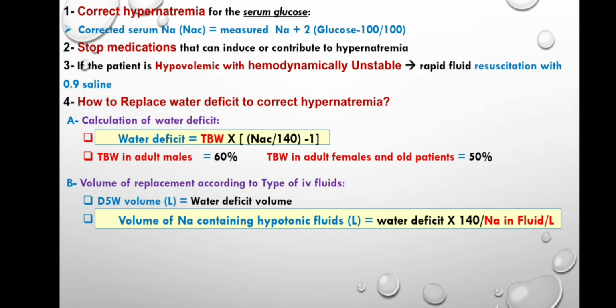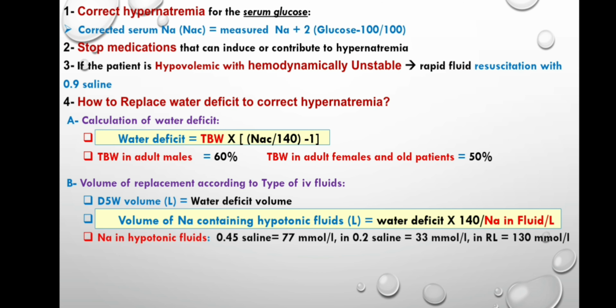If you are giving hypotonic fluids like half normal saline, which is 0.45% saline, or quarter saline, 0.2 saline, or Ringer lactate, you need an equation to know how much fluid to give. The volume of sodium-containing hypotonic fluid equals water deficit multiplied by 140 divided by sodium in fluid per liter.